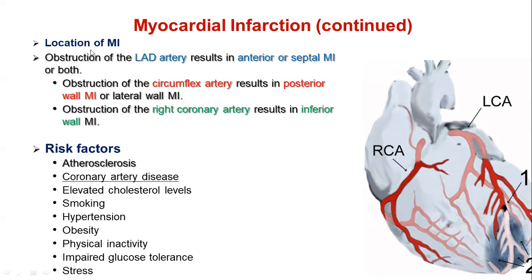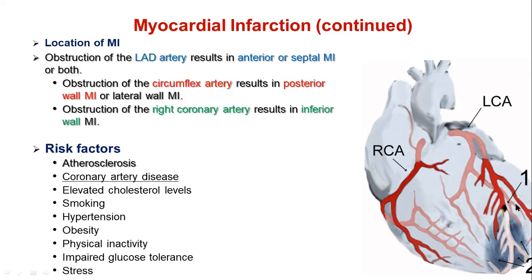So the MI name will change because of the location of obstruction. If the obstruction is in the left coronary artery, it results in anterior or septal MI.